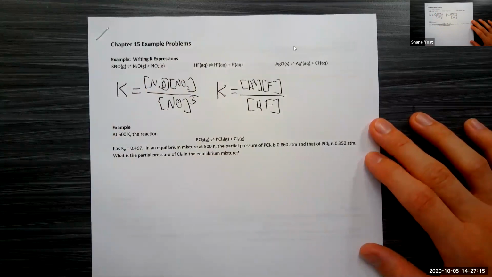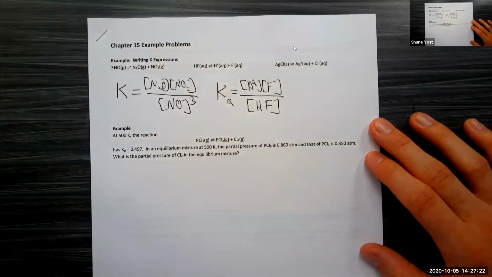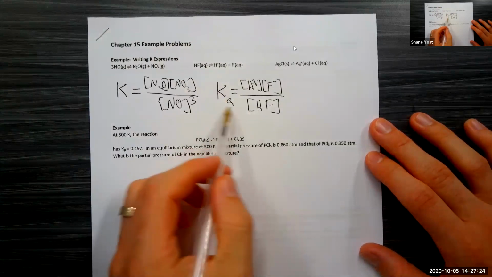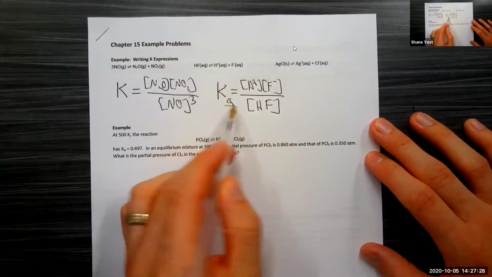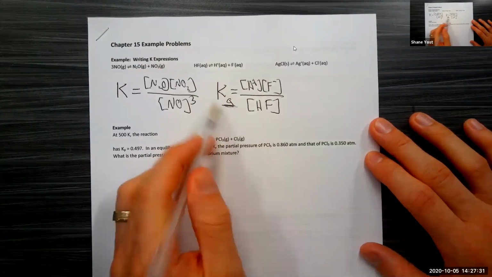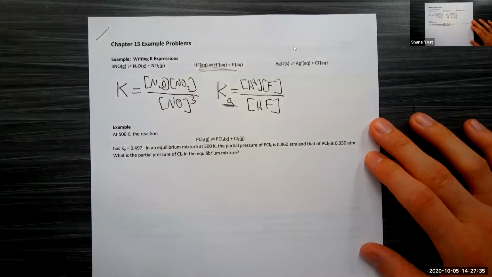I'll just note that this happens to be an expression for a weak acid. When we talk about acids and bases, we'll give these Ka expressions, where the subscript a indicates that this is an equilibrium constant for a weak acid reaction. But again, we don't worry about that here.